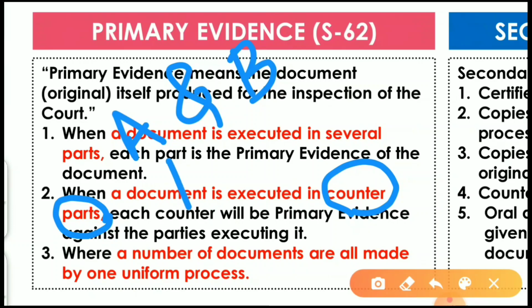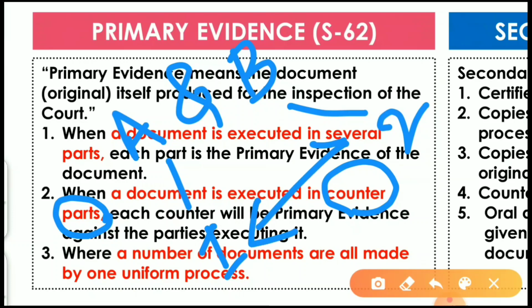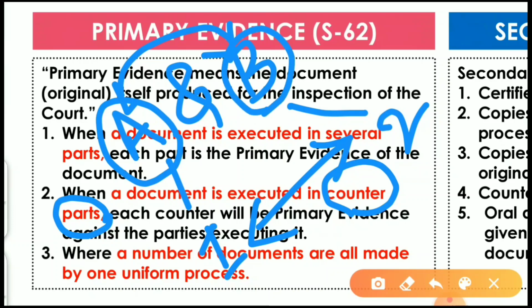Mr. A signs one copy, Mr. B signs the other copy, and they exchange the documents with each other. In this case, against Mr. A, the document signed by him is the primary evidence. Against Mr. B, the document signed by him is the primary evidence. This is the case of the second one.